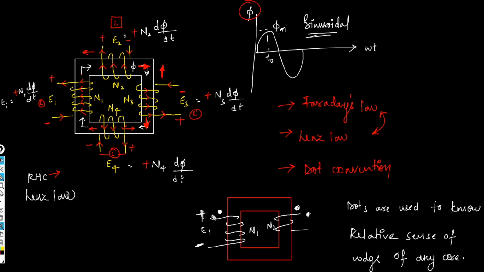Because he already said that plus is the dot one, in the next winding he has simply placed a dot here. So if this is plus, then this will be negative, and many students think that dots will always represent a positive polarity. It's not like that. It can be anything.